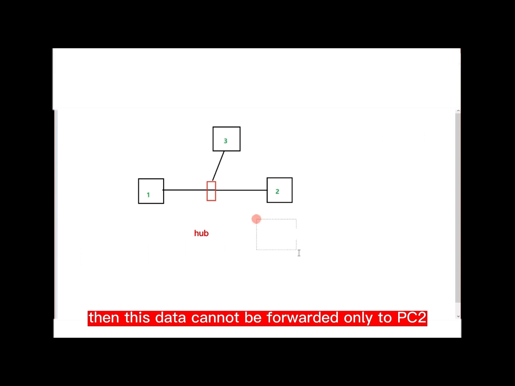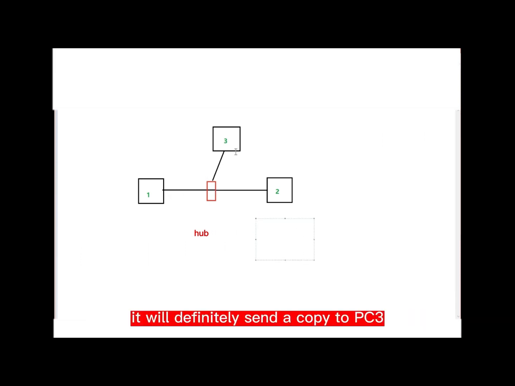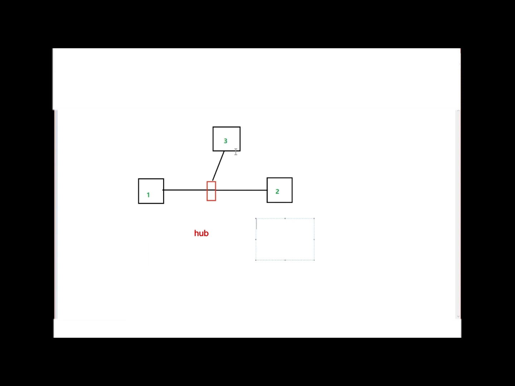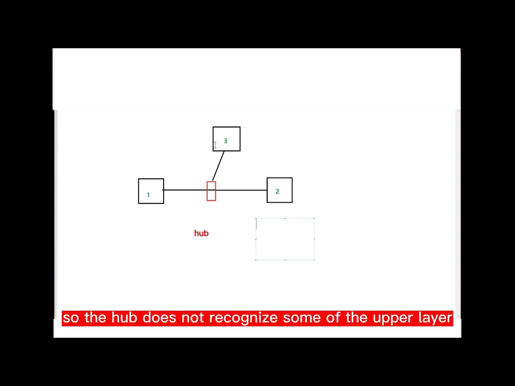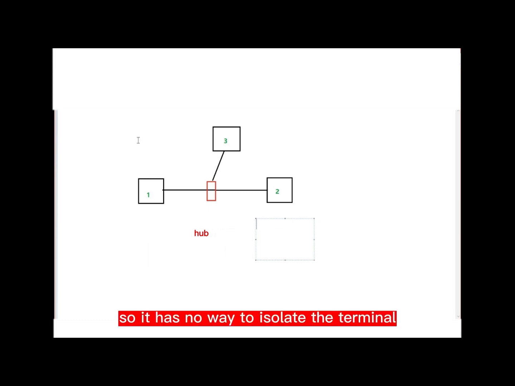Then this data cannot be forwarded only to PC2. It will definitely send a copy to PC3, because it handles all data. All other interfaces get a copy. So the hub does not recognize upper layer IP addresses or MAC addresses. So it has no way to isolate the terminals.